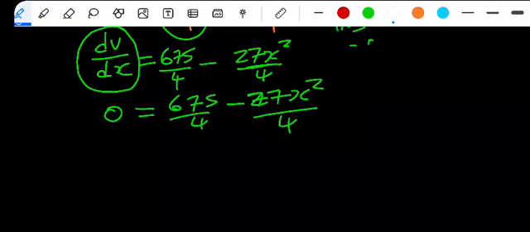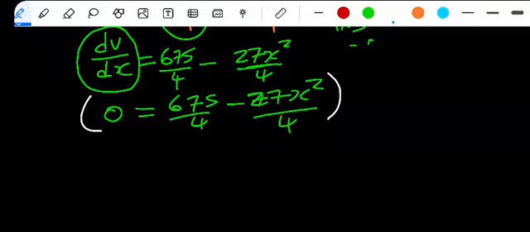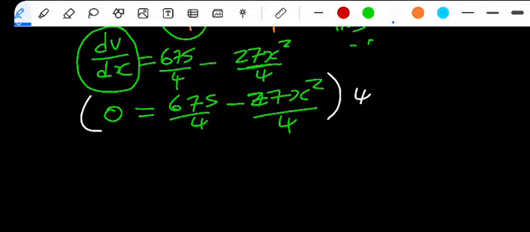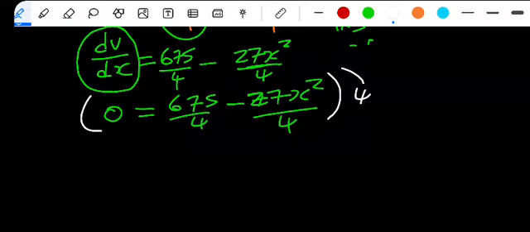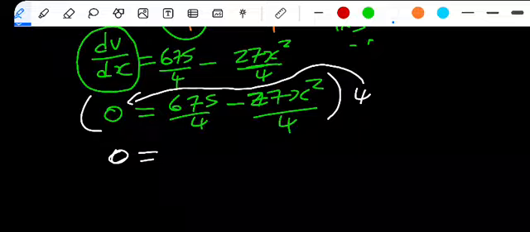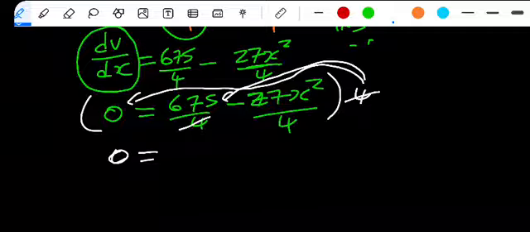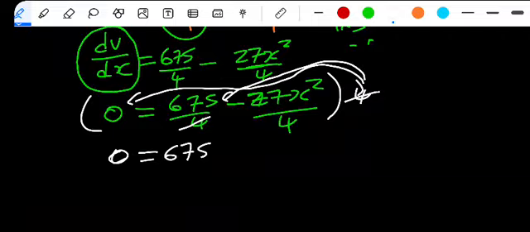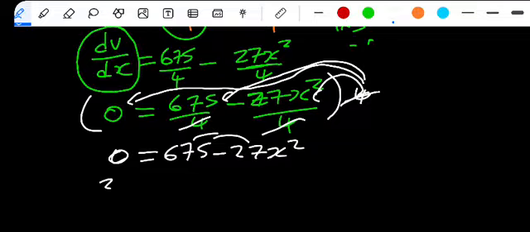For me, I will just multiply by 4 throughout. 4 multiplied by 0 will be 0. 4 multiplied by this, the 4s will cancel. We'll have 675. 4 multiplied by this, the 4s will cancel. We'll have minus 27x squared. I have a negative. I'll take the 27x squared to this side. 675.